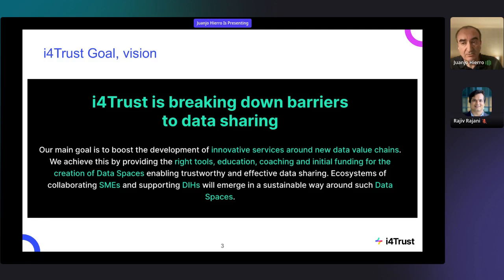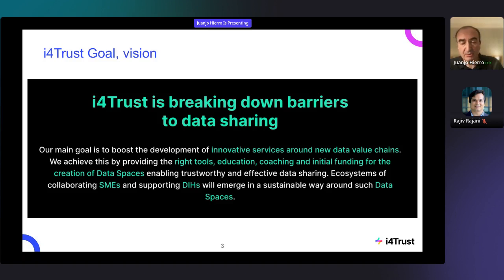Therefore, right tools to be able to create the data spaces that different participants may be willing to create, but is also providing education, coaching, and initial funding for some experiments that have been selected to test the framework and demonstrate the opportunities that data spaces are bringing.